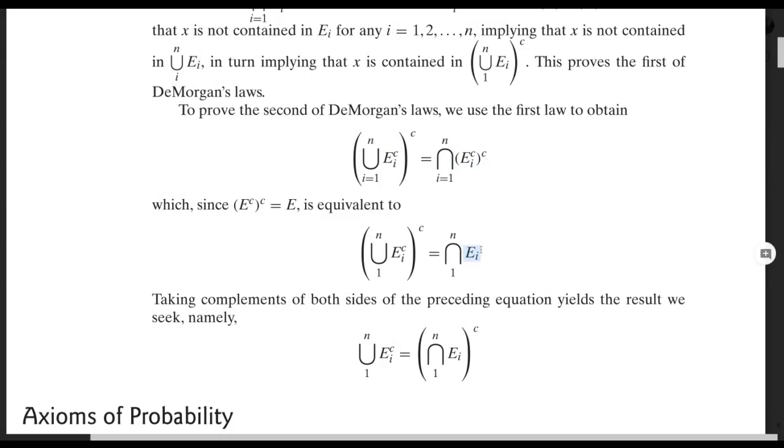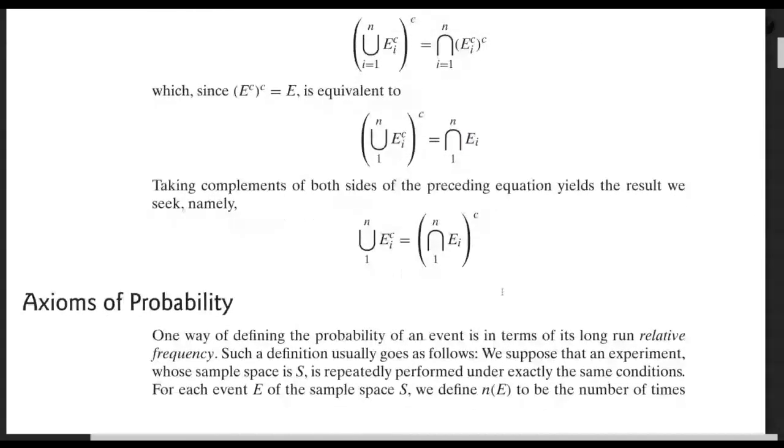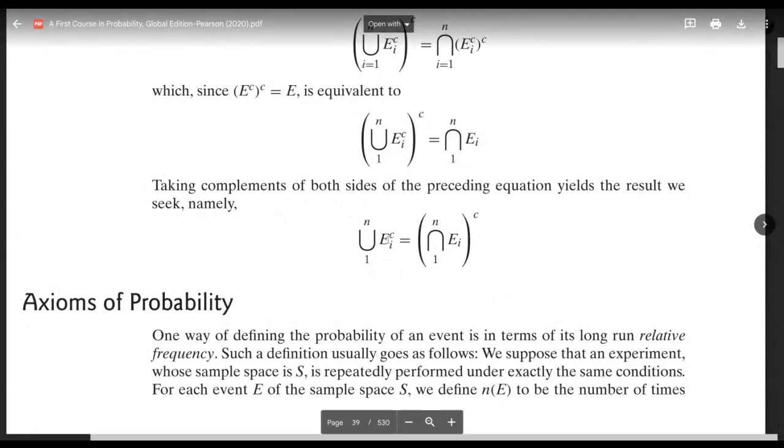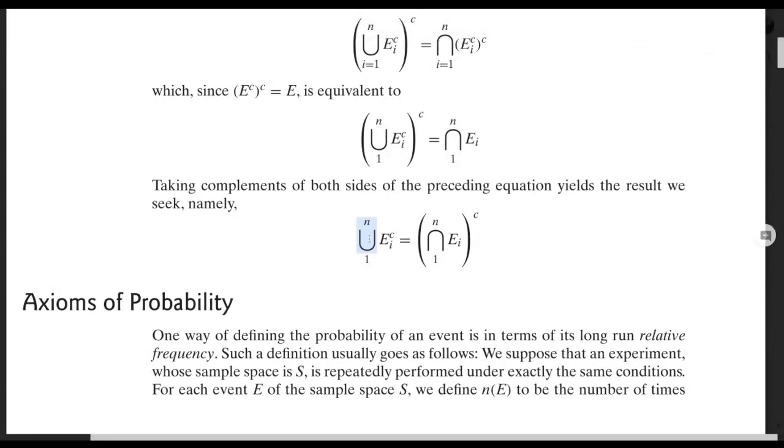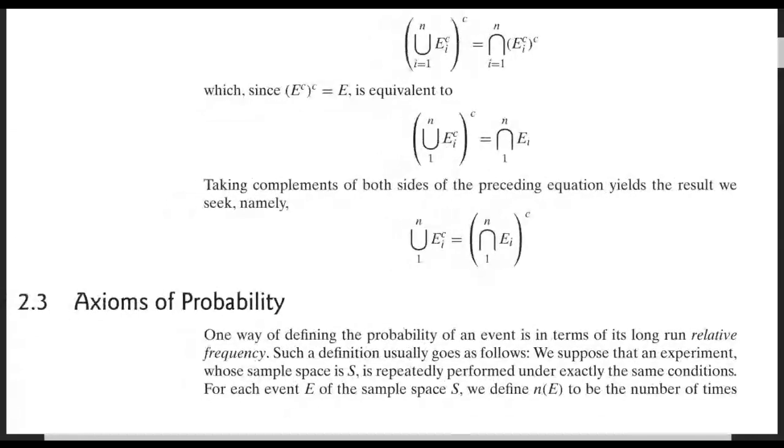Double negation. It just goes back. It's just the intersection of all the events, right? Then we can take a complement from both sides. So the union of the complements equals the complement of the intersection. Anyone has any questions?